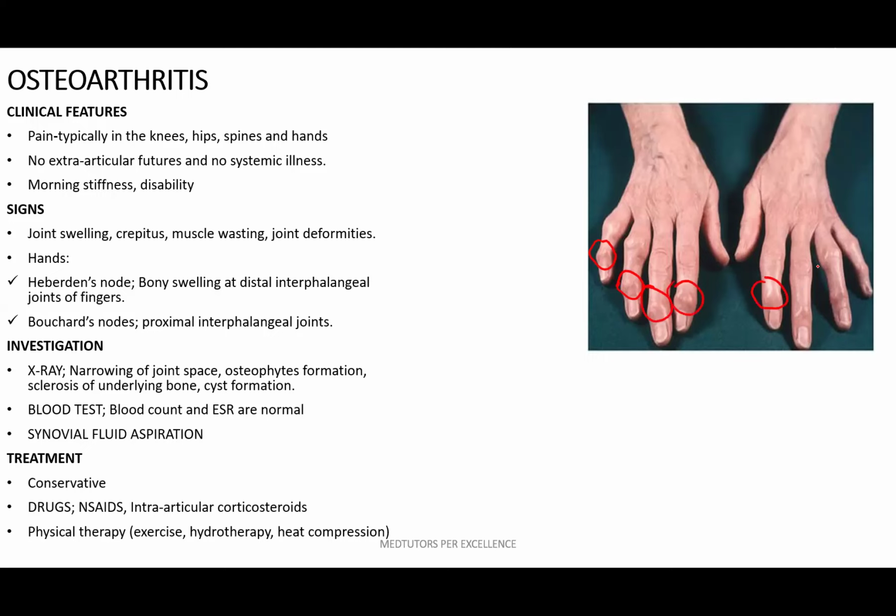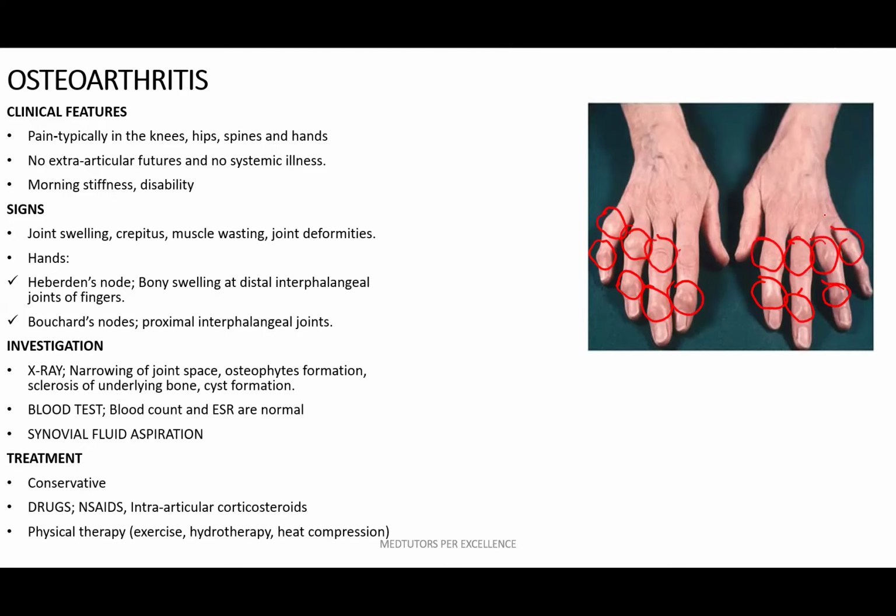Heberden's nodule. Then you have Bouchard's nodule. There are nodules at the proximal interphalangeal joints. So you have Bouchard's nodules and Heberden's nodules.